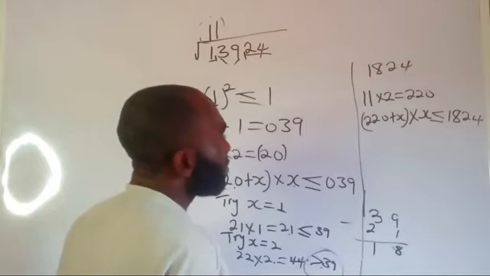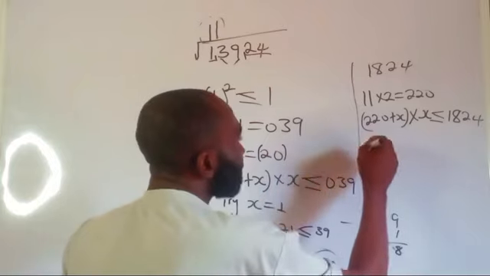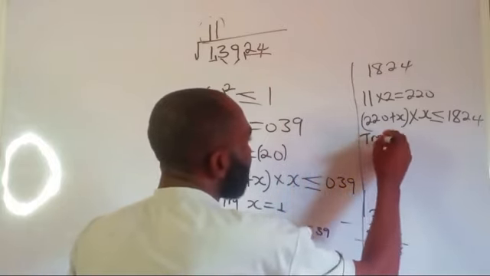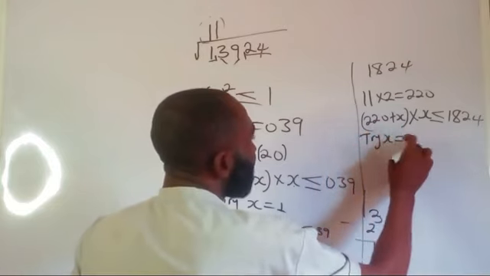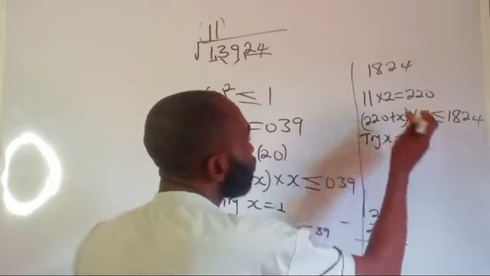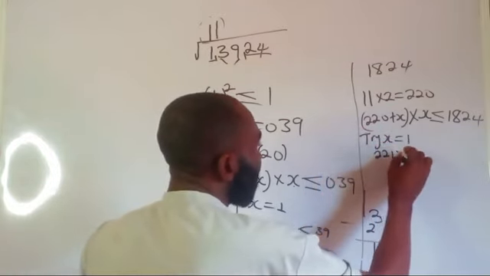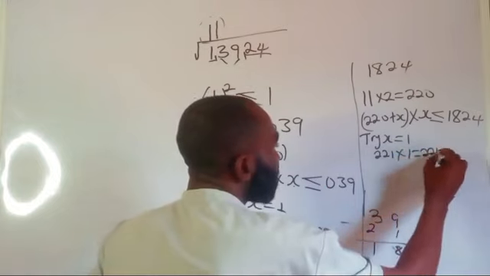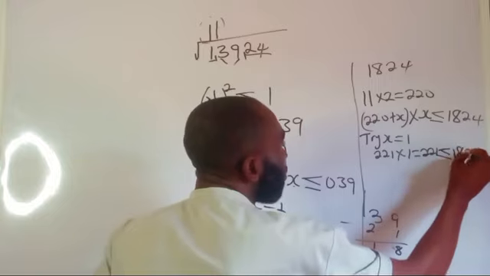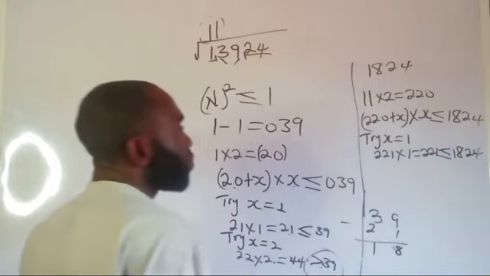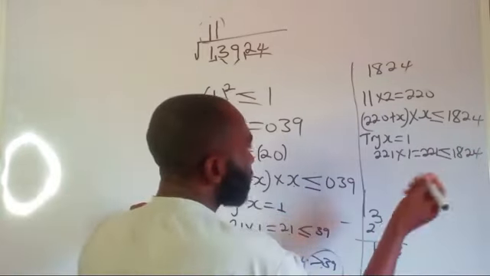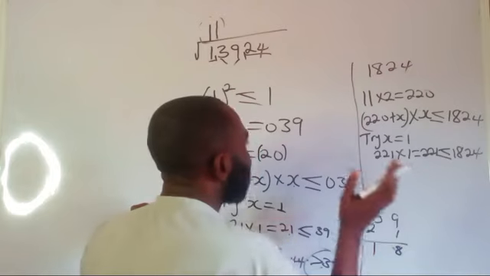Let us be fast. Let's try 1. When x is equal to 1, 1 plus 220 is 221 times 1. It will give us 221, which is less than or equal to 1824. But it is far less, because when you continue trying those numbers, it will enter. So let's just fast forward it, but when you have your time, try it.